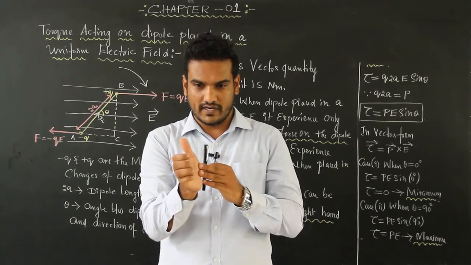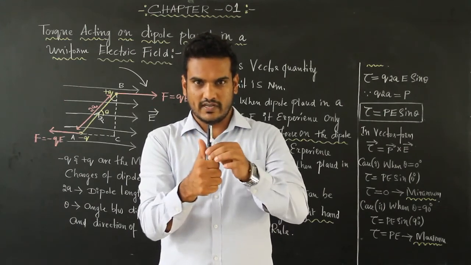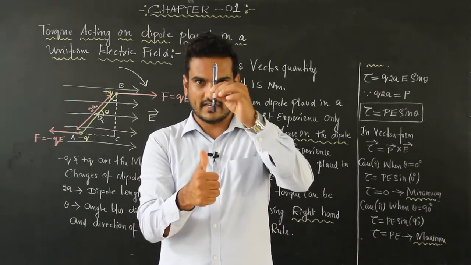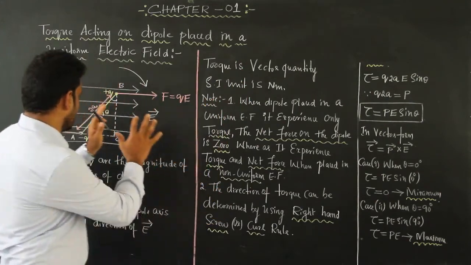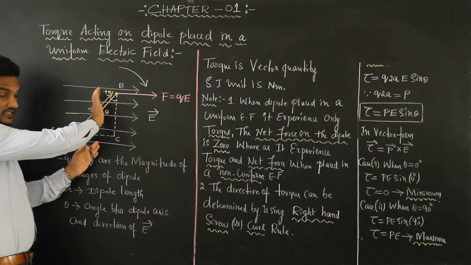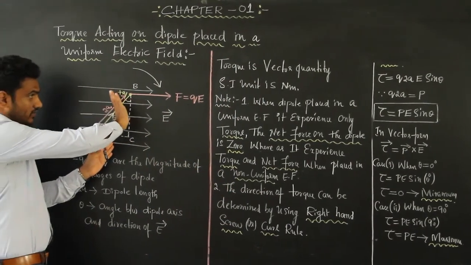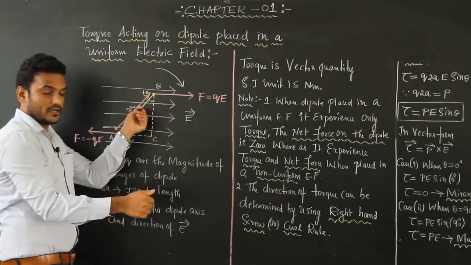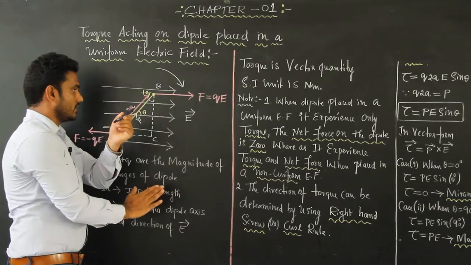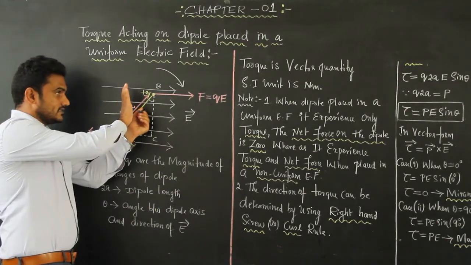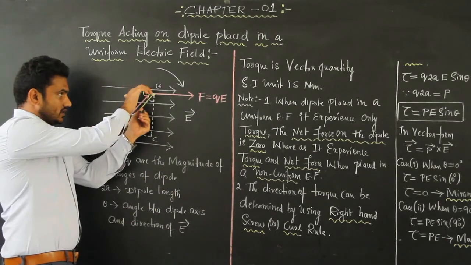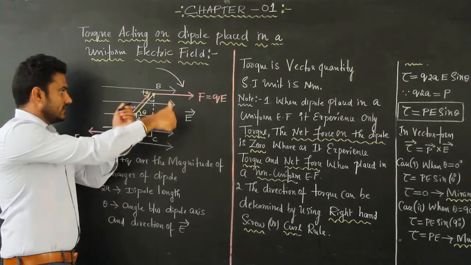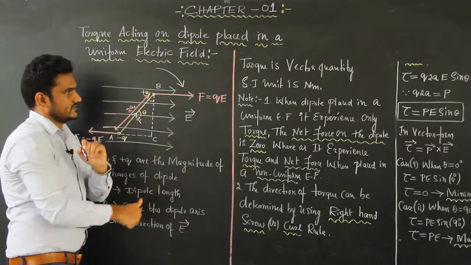So according to this, the dipole is rotating like this, so the direction of the torque is perpendicular to the plane of the board. Why? Because the dipole is rotating like this, and the direction of torque is like this.